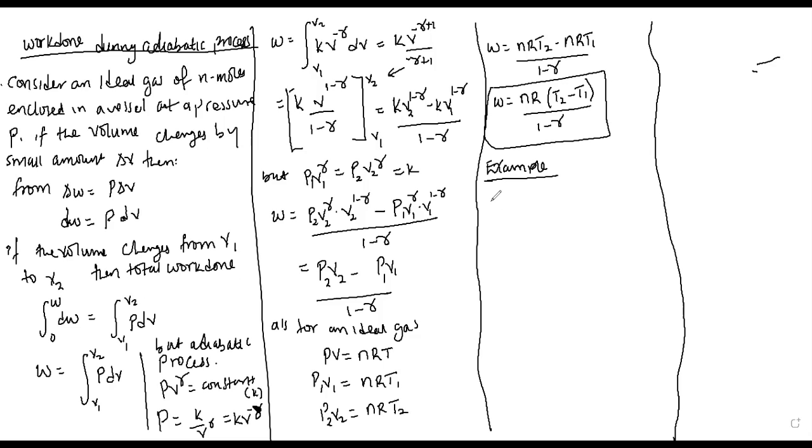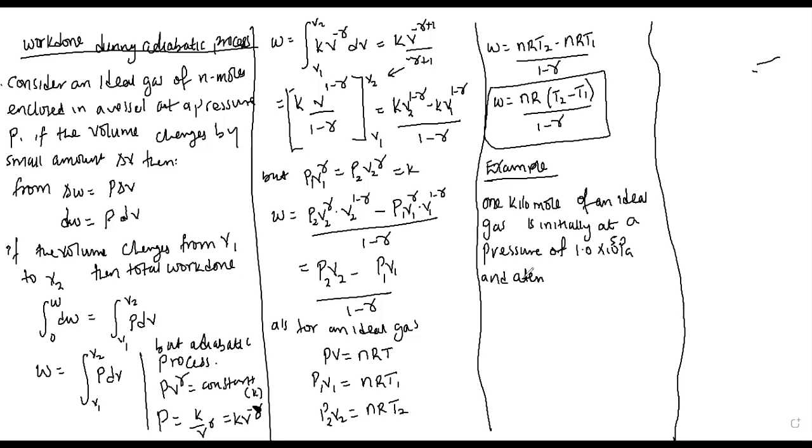So, example 1: 1 kilomole of an ideal gas is initially at a pressure of 1.0 times 10 power 5 pascals at a temperature of 25 degrees Celsius.